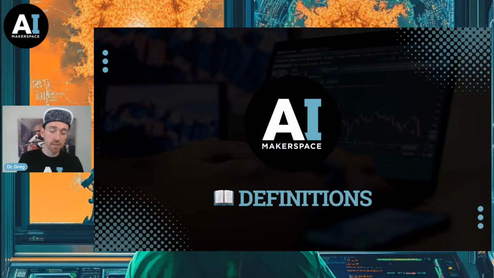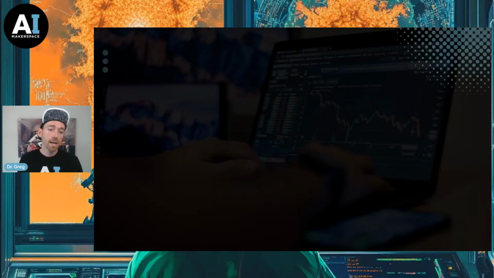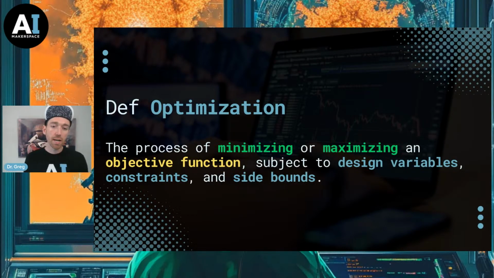Let's define it precisely here. I'd like to define optimization for you guys as the process of minimizing or maximizing an objective function subject to design variables, constraints, and side bounds. The way that we want to think about this is that we have to have some quantitative representation, some function, some number that we want to minimize or maximize.